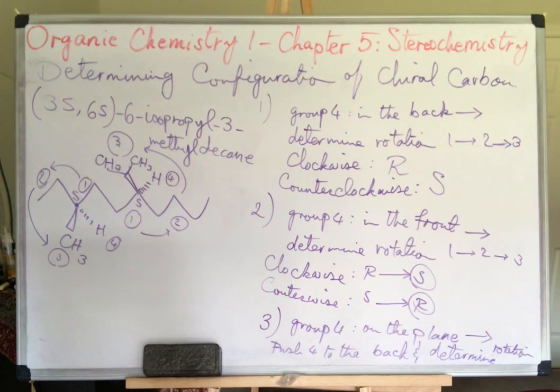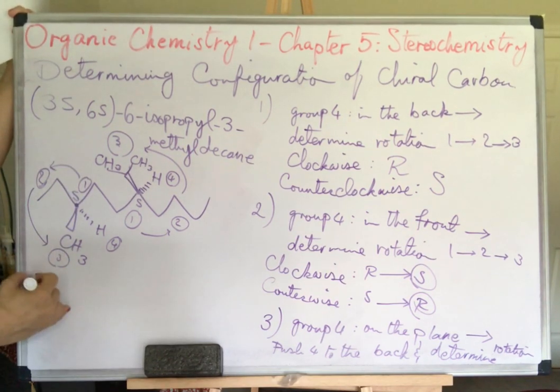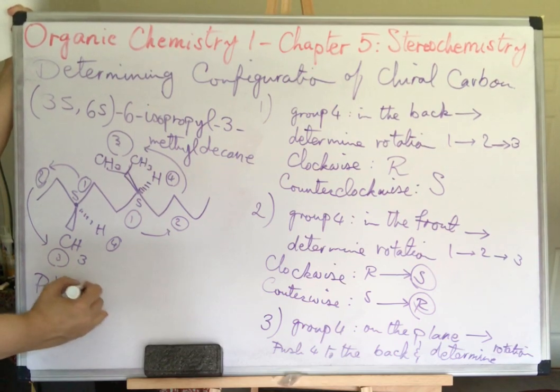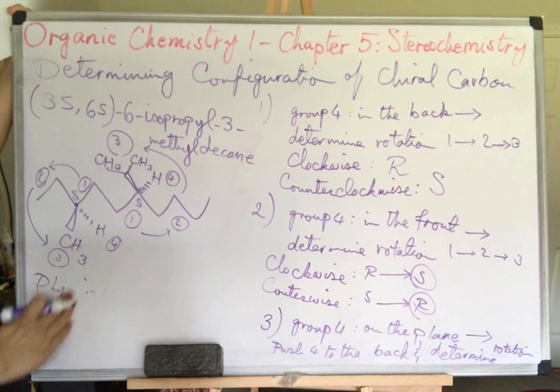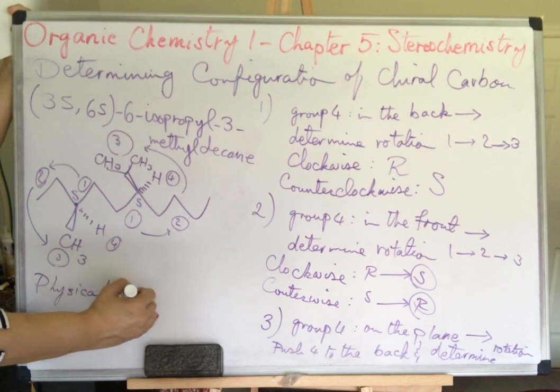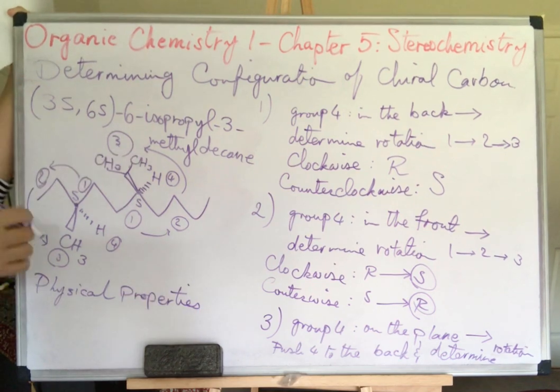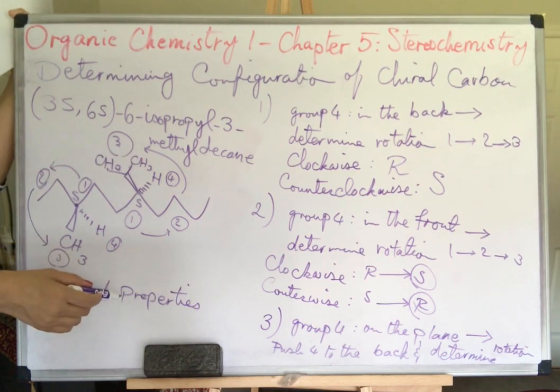So far, we just talked about enantiomers, and up to this point, we know that the physical properties of enantiomers, the mirror images that are not superimposable, are the same as each other.